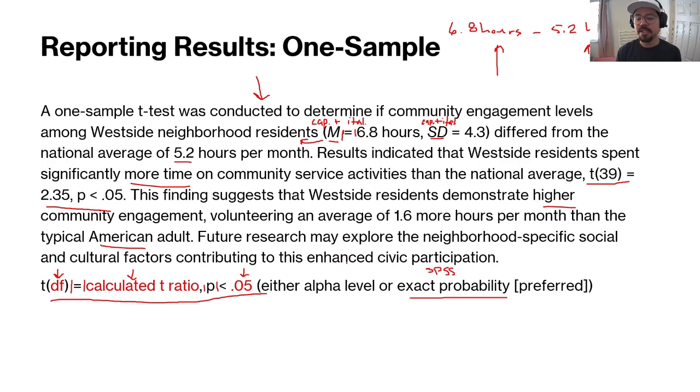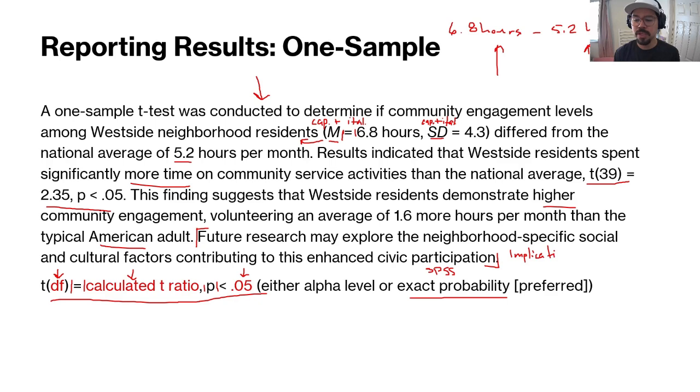Future research may explore the neighborhood-specific social and cultural factors contributing to this enhanced civic participation. This last piece here, there's flexibility here, because there may be implications that you see for the results of your data that are not exactly what I've written here. So really just this last piece is, what do you think are the implications of your research?